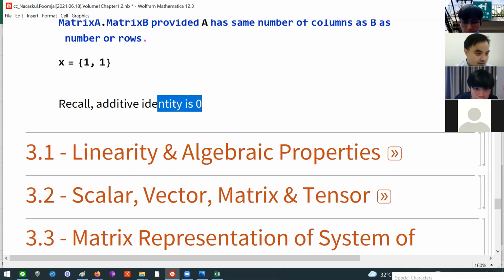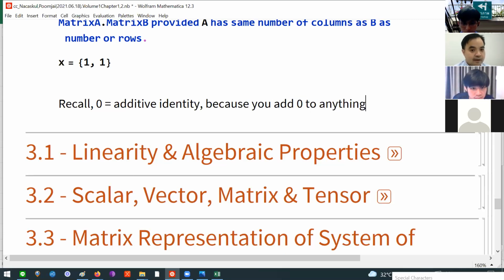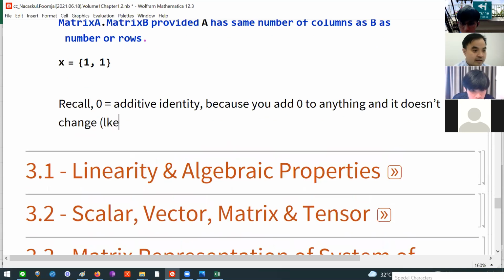Recall 0 is additive identity because you add 0 to anything and it doesn't change, it keeps its identity. You recall that?